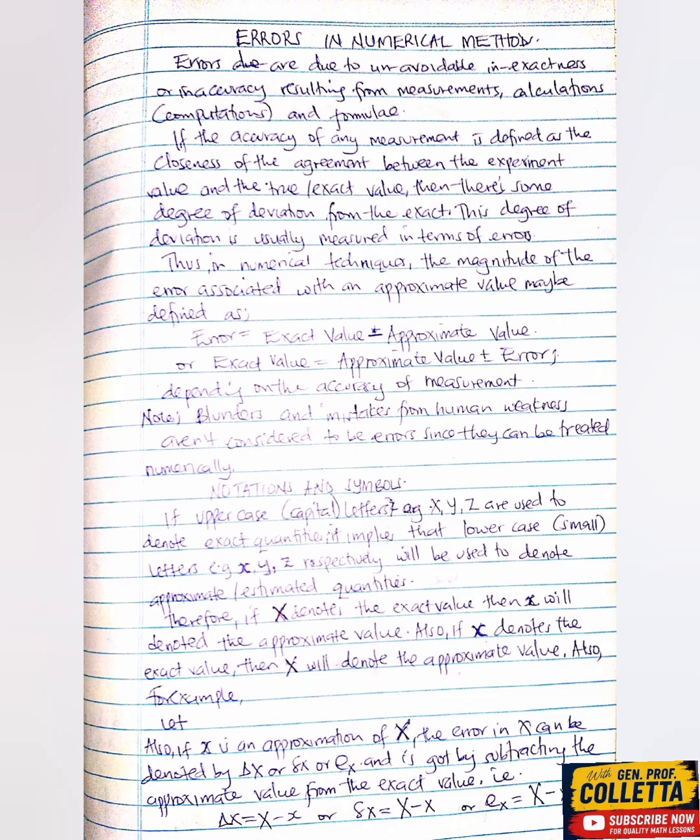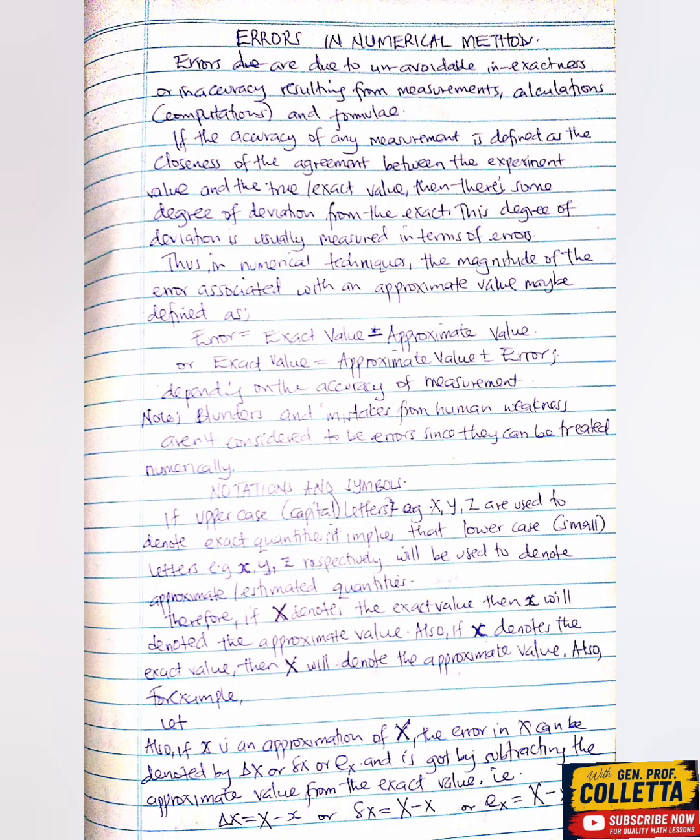Blunders and mistakes from human weaknesses aren't considered to be errors since they can be treated numerically. A very good example is in physics, where people doing practicals have some sources of errors, like wind shaking the table.